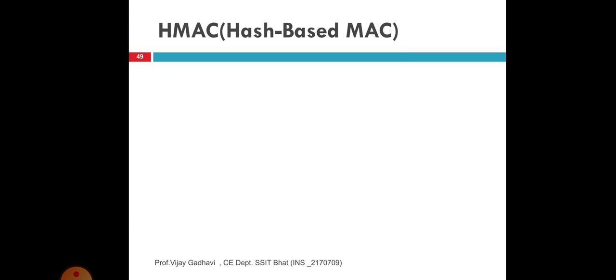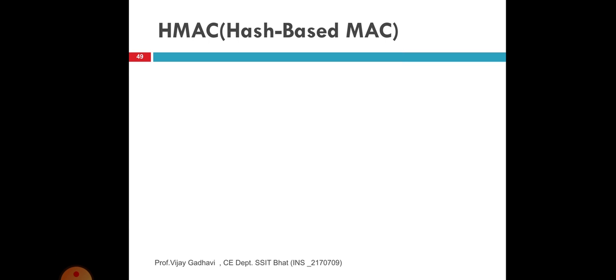You are already aware that cryptography, or cryptology, I repeat, is the practice and study of techniques for secure communication in the presence of third parties. Third parties are always adversaries. More generally, cryptography is about constructing and analyzing protocols that prevent third parties or the public from reading a private message.